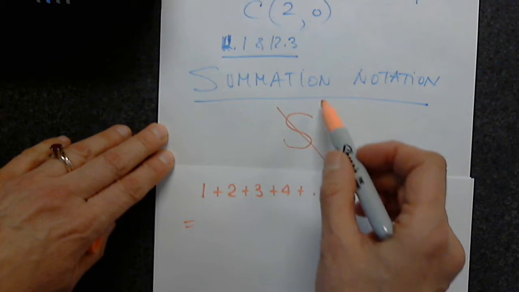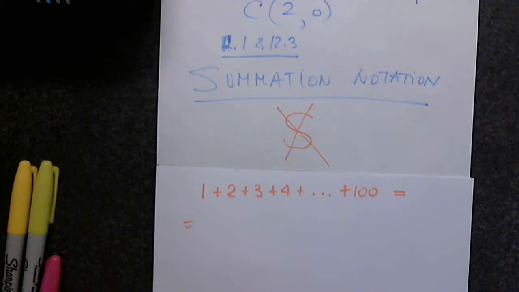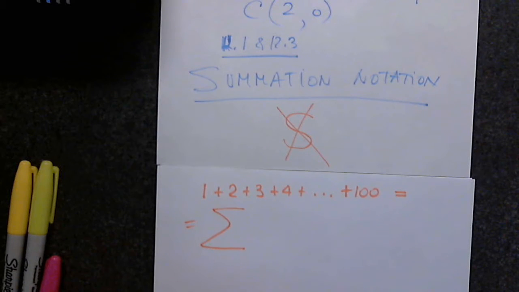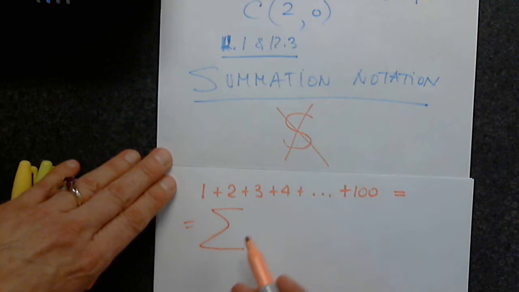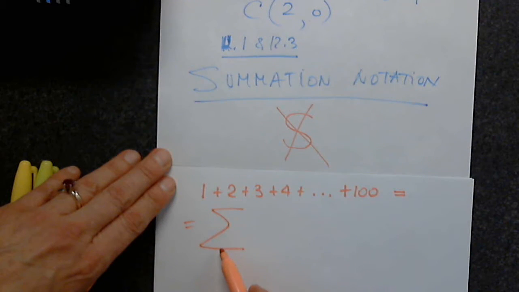So instead, because the Greeks are so smart, they gave us their S, which is this letter, which is so much more suitable for what I'm going to write next. This is good, but it's not as good as this one.